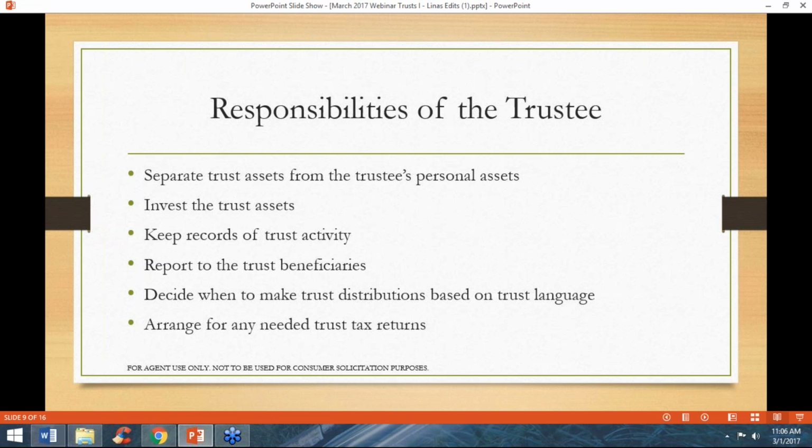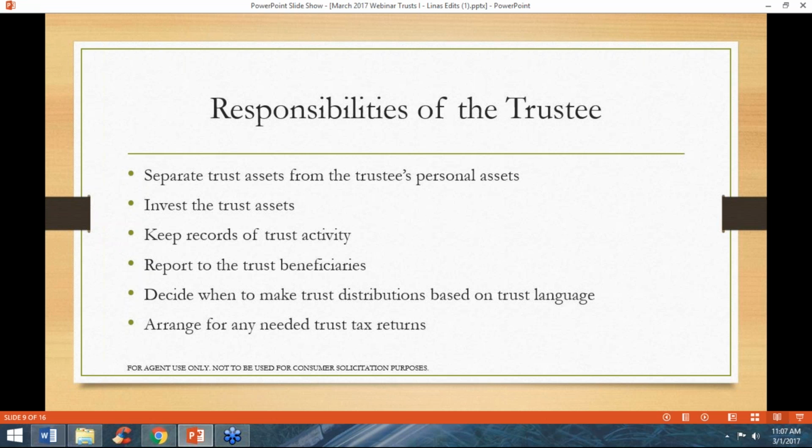The trustee has an obligation to provide regular information about the trust, its investments, expenses, and distributions to the trust beneficiaries. The trust may contain reporting requirements that the trustee is obligated to adhere to. Some trusts have mandatory distribution language, while others may provide discretionary authority to the trustee to make distributions.